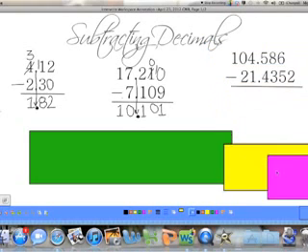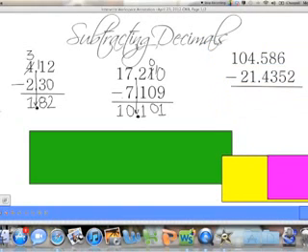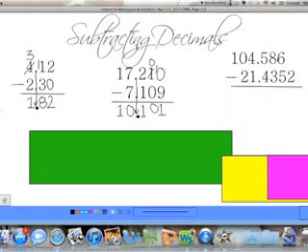Alright, let's look at one more example here with larger numbers. We do need to use a 0 placeholder value. And because we can't do 0 minus 2, we will have to borrow. So 6 becomes 5 and our 0 becomes 10. 10 minus 2 is 8. 5 minus 5 is 0. 8 minus 3 is 5. 5 minus 4 is 1. 4 minus 1 is 3.